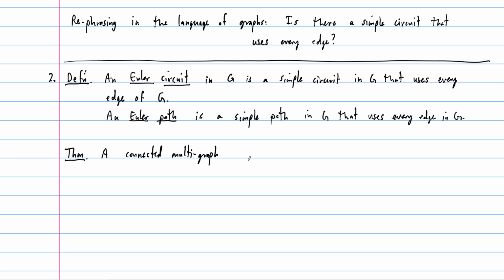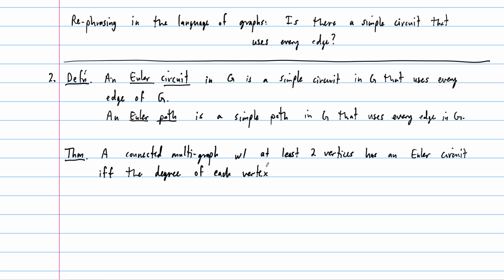A connected multigraph with at least 2 vertices has an Euler circuit. So this is an existence theorem, okay? It has an Euler circuit if and only if the degree of each of its vertices is even. So the degree of each vertex individually.